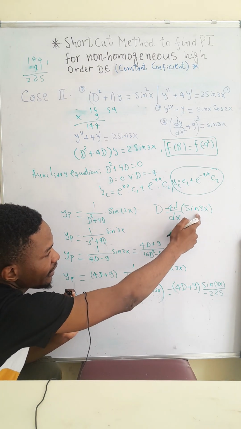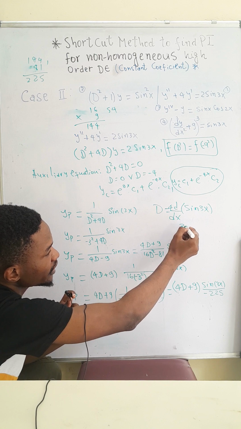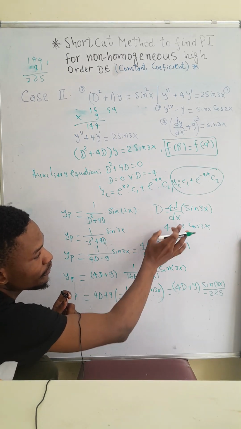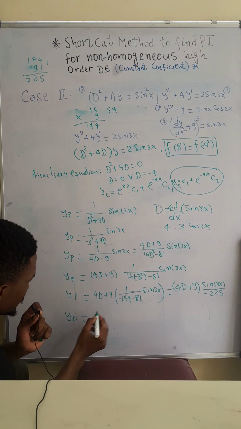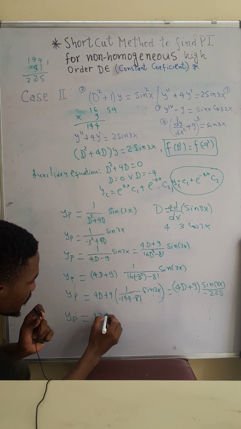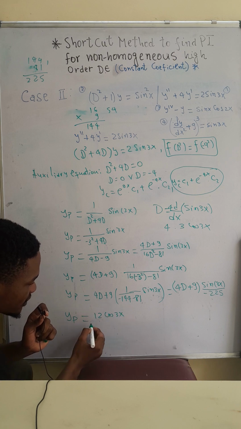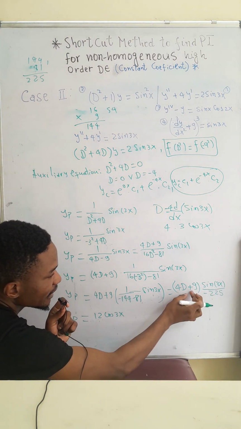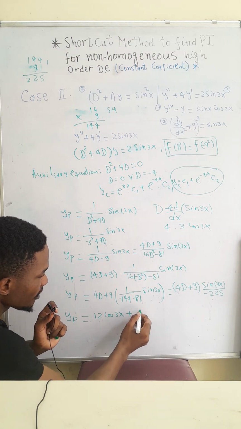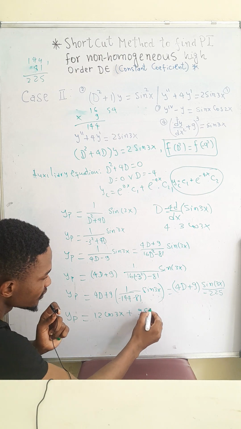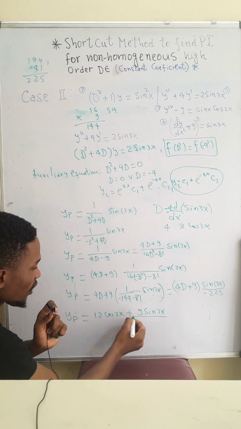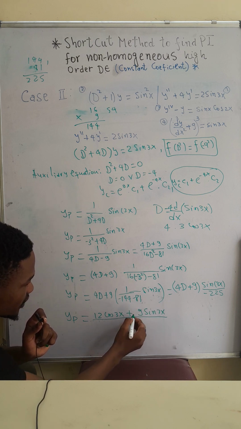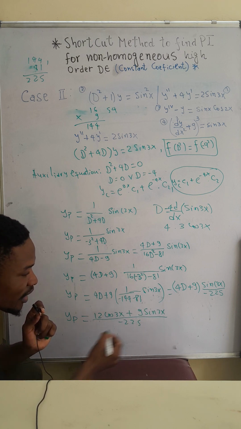Then the derivative of sine 3x, this is what? This is 3 cosine of 3x. Times this 4 outside, this will be 12 cosine 3x. So here I'll get 12 cosine 3x. Then this times this will be the same, plus 9 sine 3x, all upon minus 225.